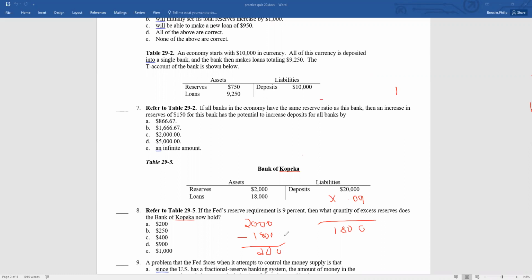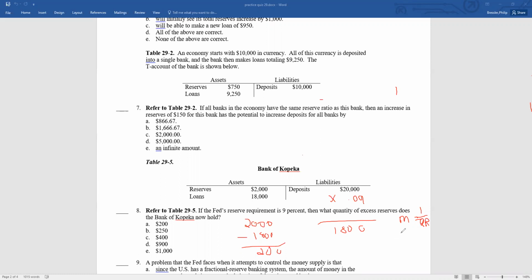All right. Now, let me just play this out. If I go to find the multiplier, the multiplier is 1 over the reserve requirement.